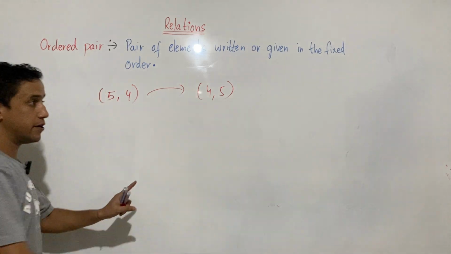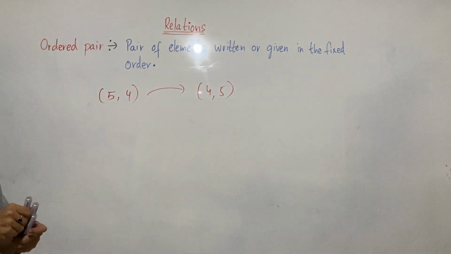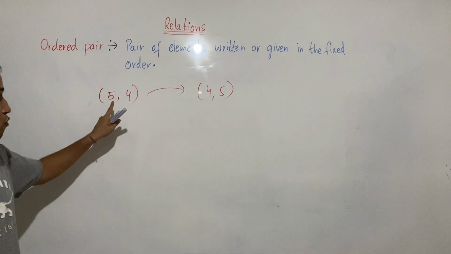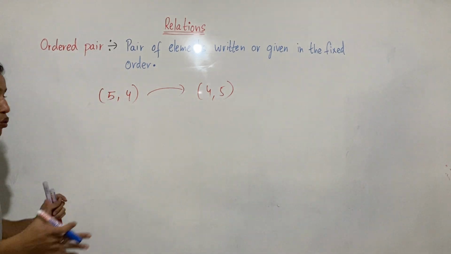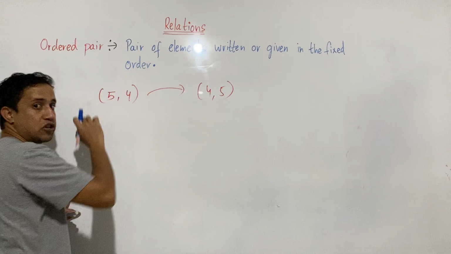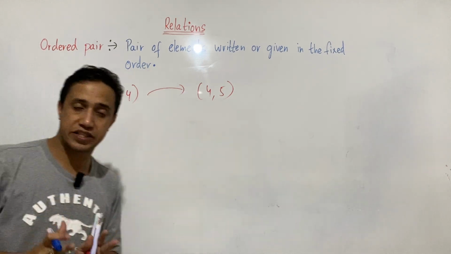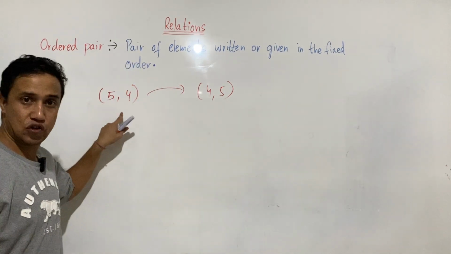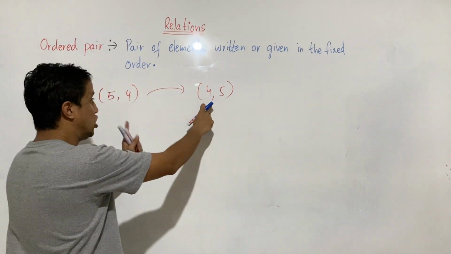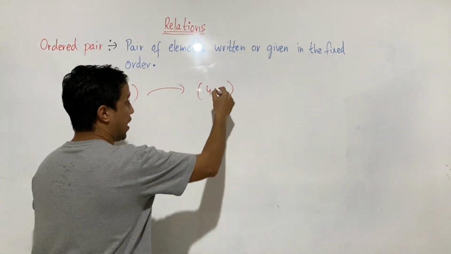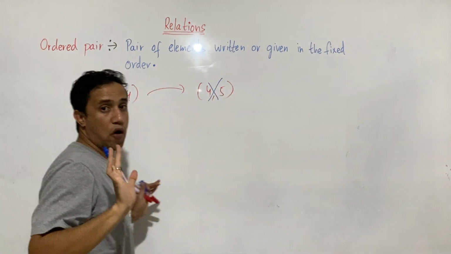If I want to write this ordered pair, I have to make sure this order is maintained all the time whenever I use it. If I change the order, it is going to be wrong.